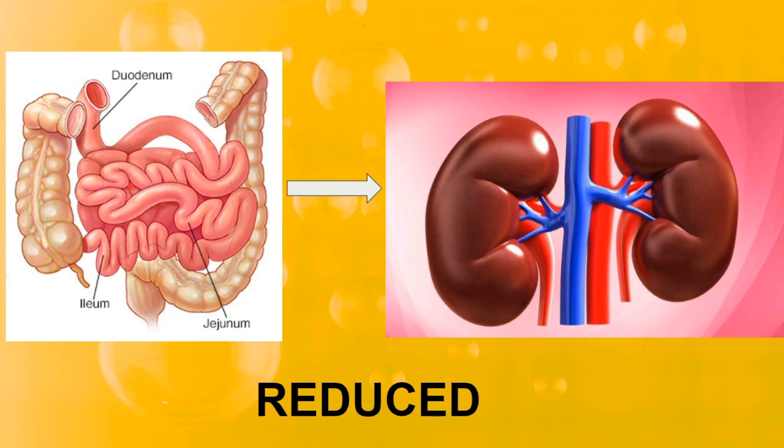And because very little conjugated bilirubin enters, very little urobilinogen is formed and transferred to the kidney. Remember, in the hepatic jaundice, no bilinogen or no conjugated bilirubin is seen in the urine, because the liver has sent very little conjugated bilirubin inside the gut, and so almost nil bilinogen or conjugated bilirubin is seen in the urine.